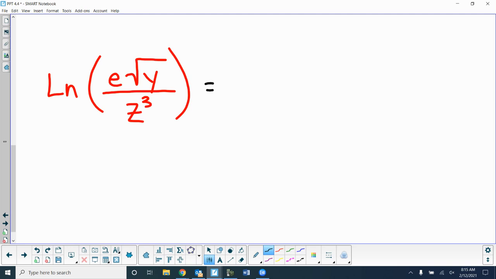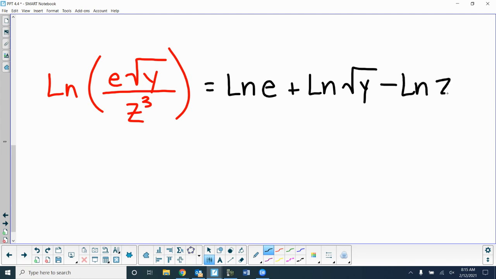This division of the z cubed, what am I going to do? Subtract it. So I'll keep the same base, natural log, plus natural log, minus natural log. We're not allowed to have exponents, we're not allowed to have radicals when we do this.